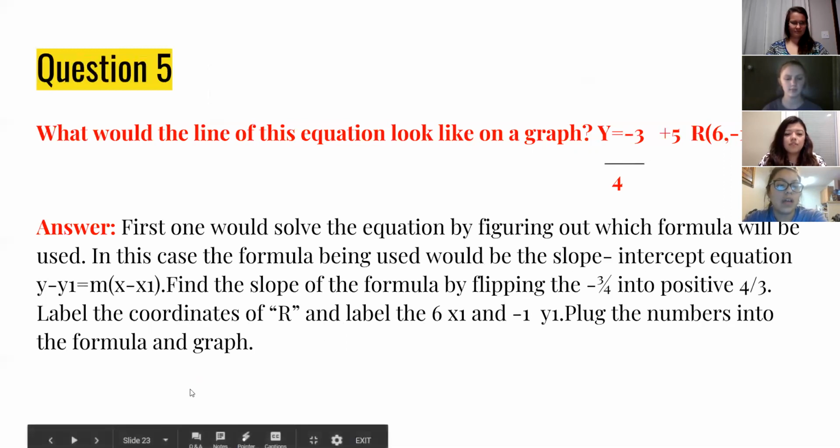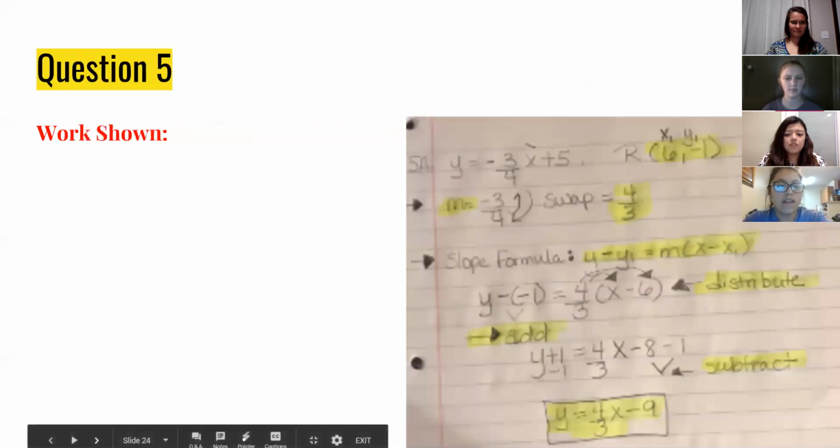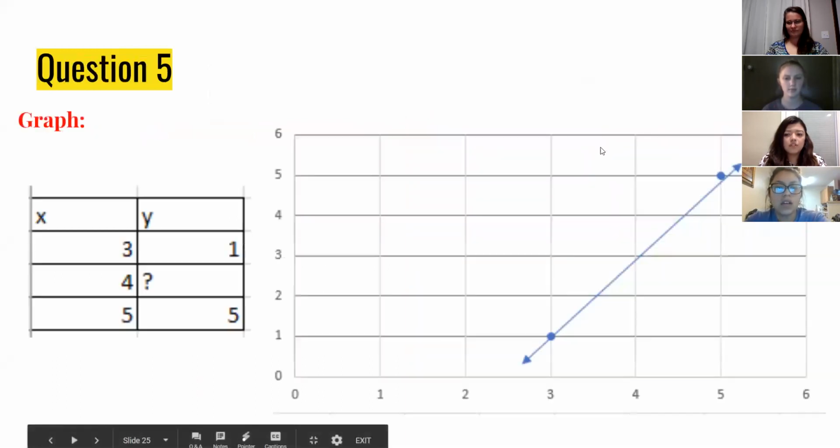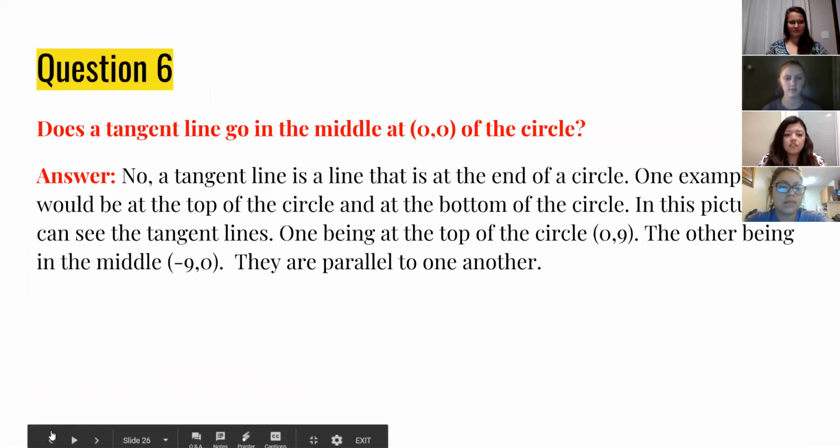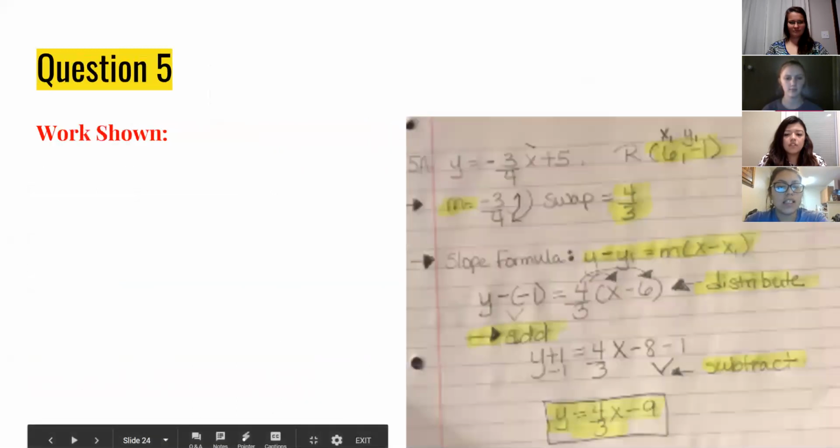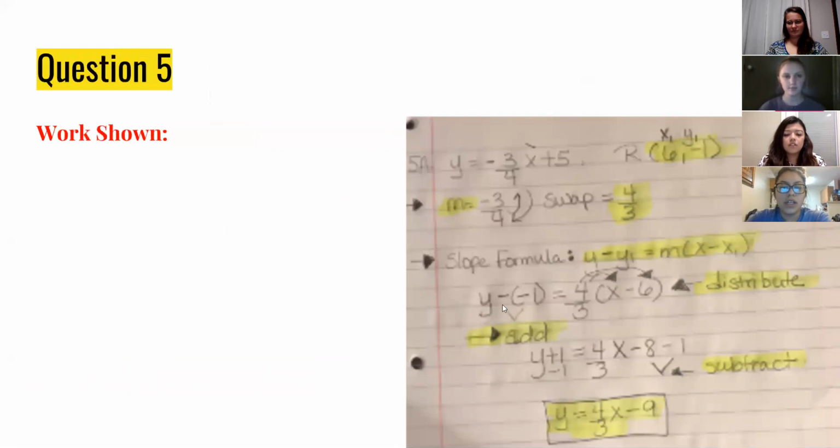Then we would put it all in a formula and graph it. And this is what it would look like. So we would put y minus negative 1, because negative 1 is y1, equals 4/3 times x minus 6.